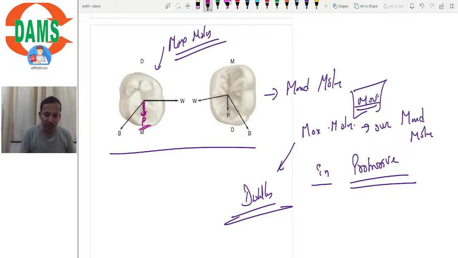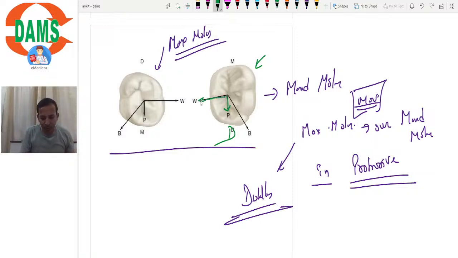The maxillary molar over the mandibular molar moves in a distal direction. So basically this arrow represents what direction the opposing tooth will take on them. Similarly, in a working side movement, the maxilla will move towards the lingual side.